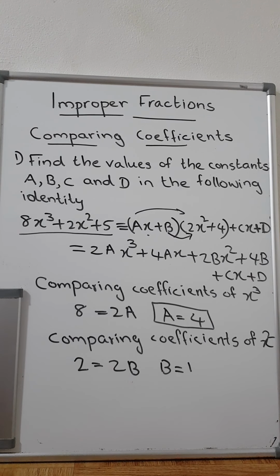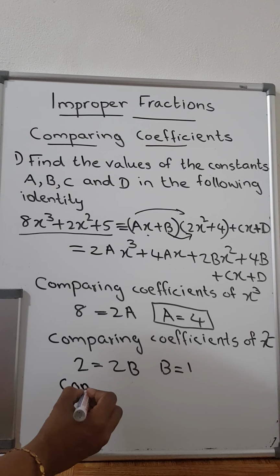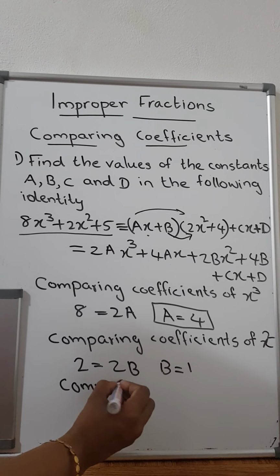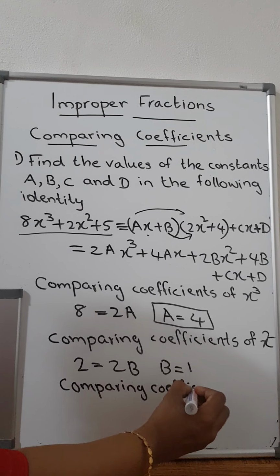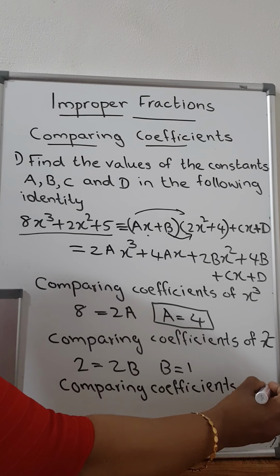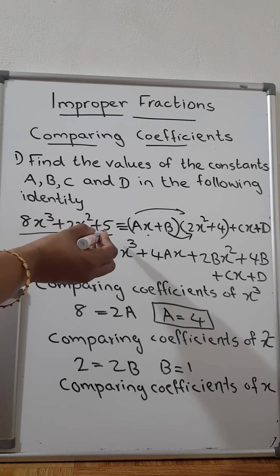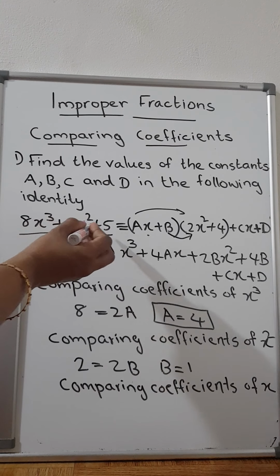Now we will compare the coefficients of x. On the left hand side we don't have a term with x. That means the coefficient of x on the left hand side is 0.